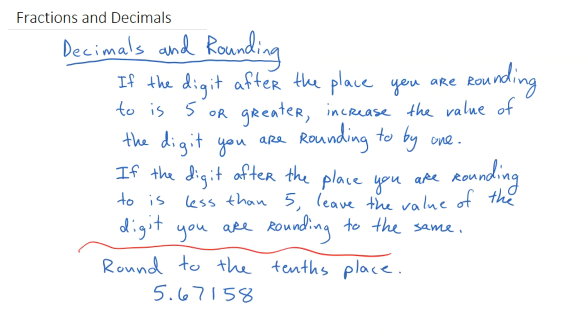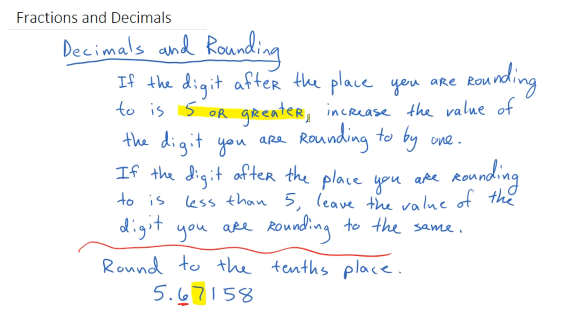Alright, so let's round the number we looked at before to the tenths place, 5.67158. So the tenths place is the 6. So our rule says that the thing that's going to boss us around is the number after that, or the number to the right of that. So whatever place you're looking at, the thing that makes the decision is the guy after that. So here that's a 7. 7 is greater than 5.